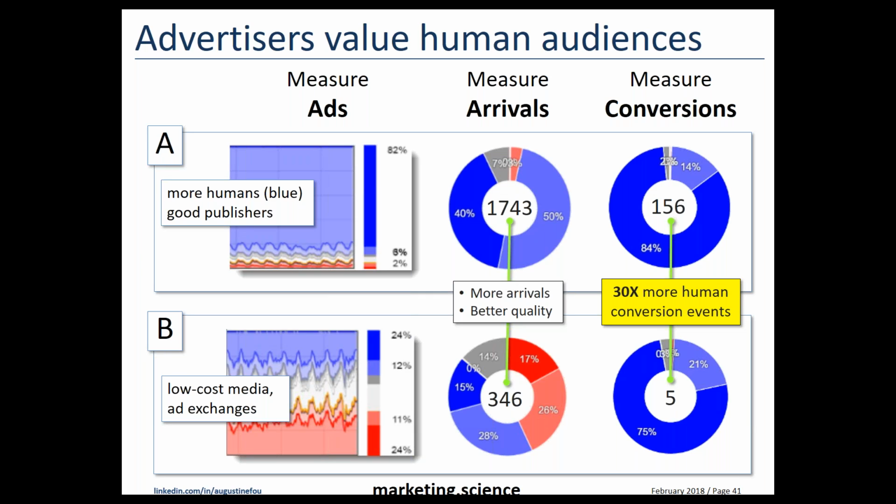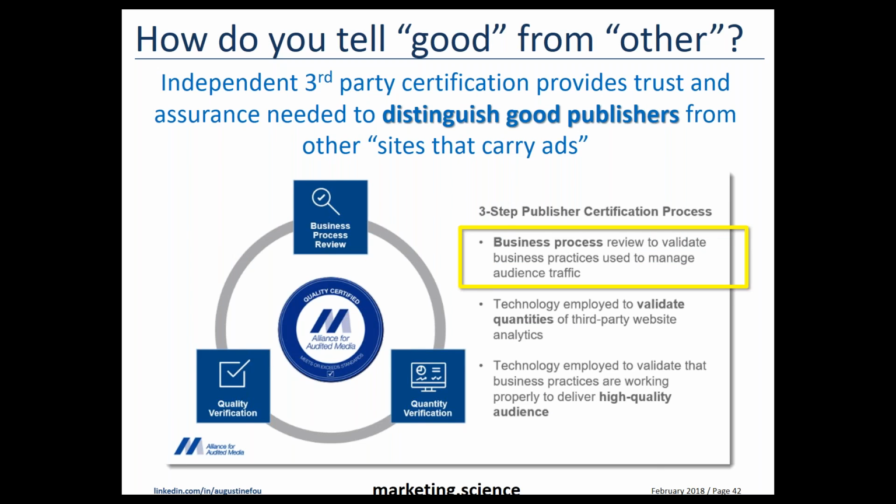So in this case, contrasting A versus B, you can see that A, the good publisher, drives 30 times more human conversion events than when a marketer buys on open exchanges. So that being said, the final question is, how do we differentiate good publishers from everybody else? If you recall, I said earlier, good publishers have good business practices. And that's the key. That's the moral of the story here.